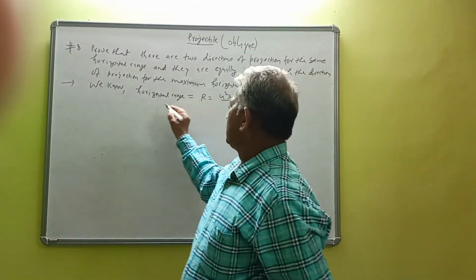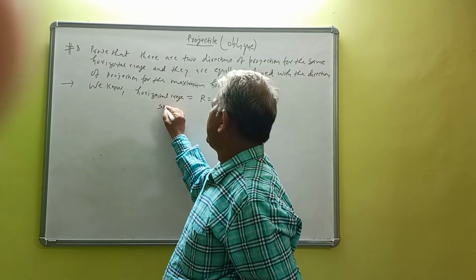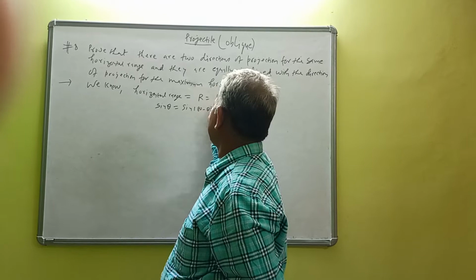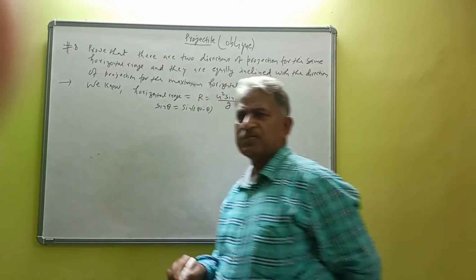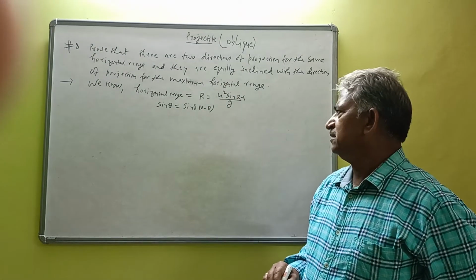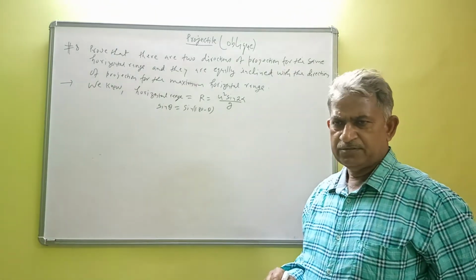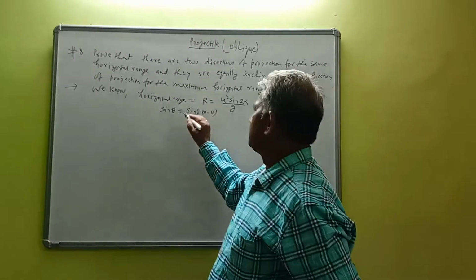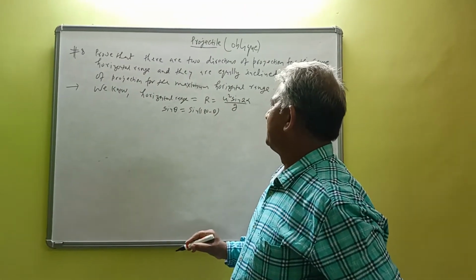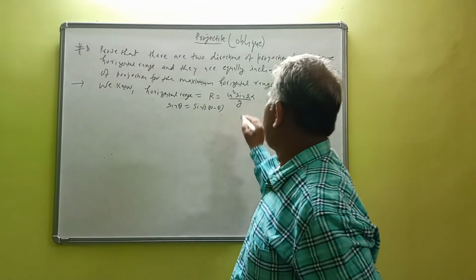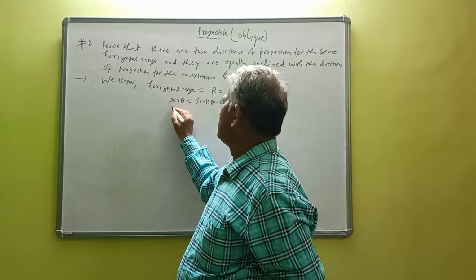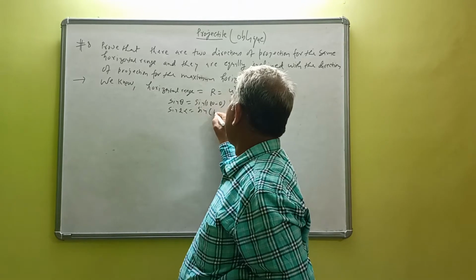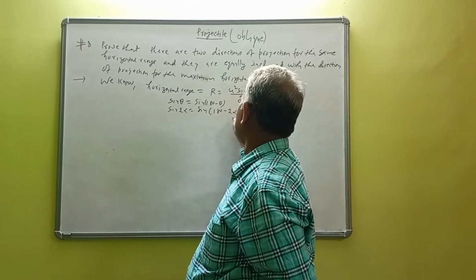And we have the concept that sin theta is equal to sin 180 minus theta. This is the theoretical formula for allied angles. So when we study the topic of allied angles, this formula will come as sin theta equals sin 180 minus theta. So if we put theta equal to 2 alpha, here this would be 180 minus 2 alpha.